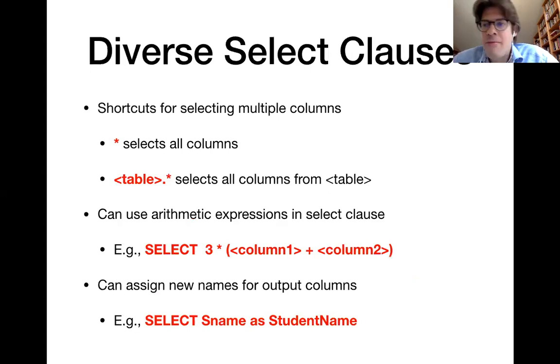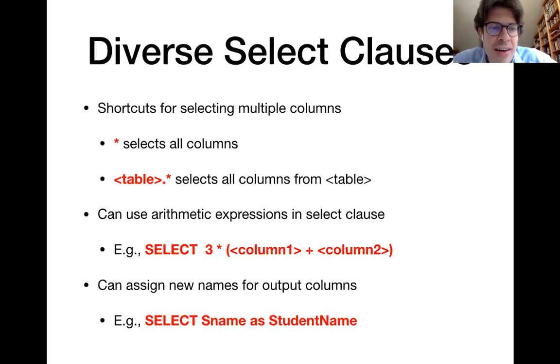So beyond the predicates, there are also many more features that you can use in order to write your select clauses. For instance, the tables that you will be working with in practice often have a lot of columns, and it can become very tedious to write out all the column names if you just want to retrieve all the information in a table.